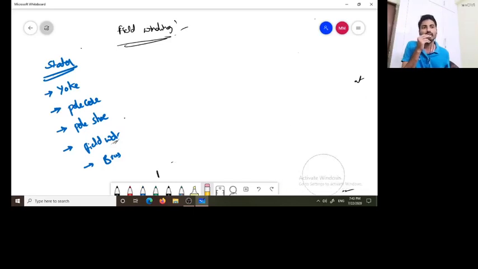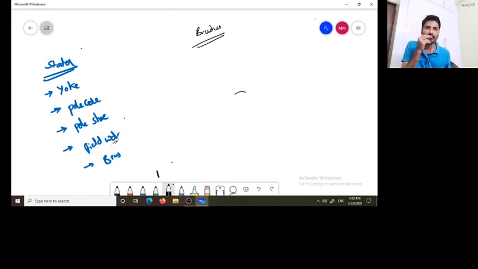The commutator segments come under the rotor. But why are brushes called part of the stator? We'll see the rotor construction. I already told that the rotor is a rotating part.